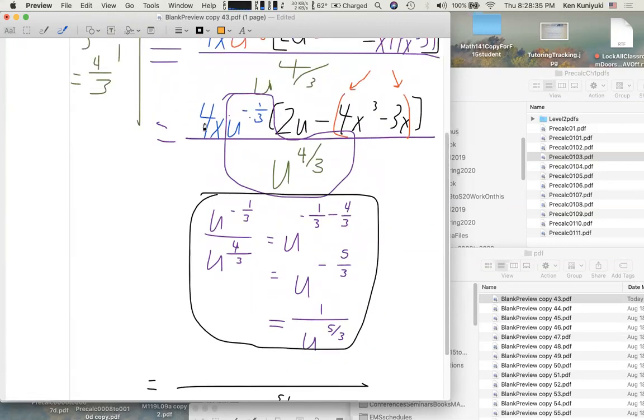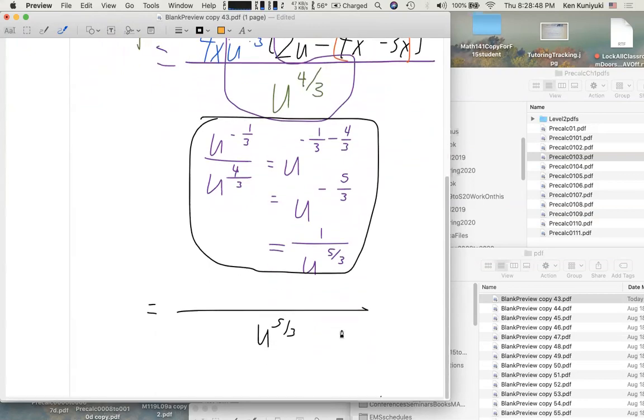Because the idea is that you're taking these other guys, you're multiplying by this blue guy over this green guy. U to the -1/3 over u to the 4/3. When you multiply with this fraction, you're multiplying by this nice fraction, 1 over u to the 5/3. That has the effect of putting u to the 5/3 on the bottom.